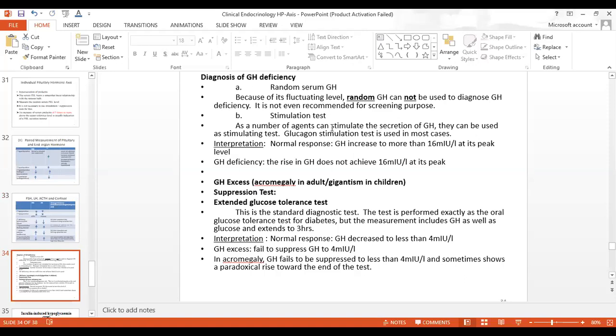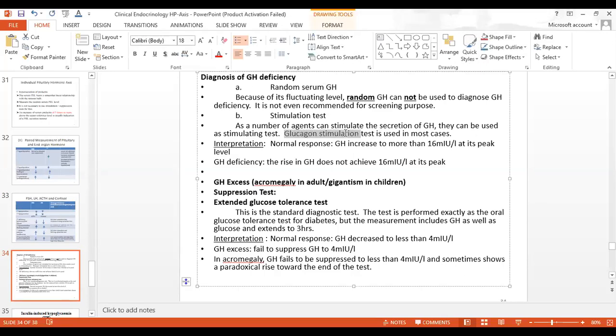Good. And the second thing you do is that if you see that this person has a growth hormone deficiency, then try and do what is called a stimulation test to see whether the pituitary gland can really produce the hormone. So what do we use to stimulate? We can use glucagon to stimulate.